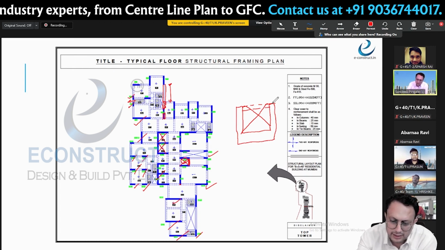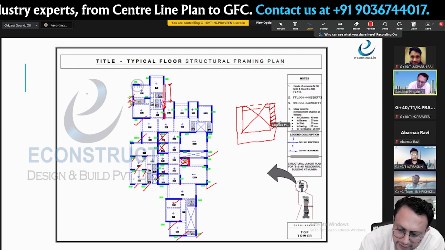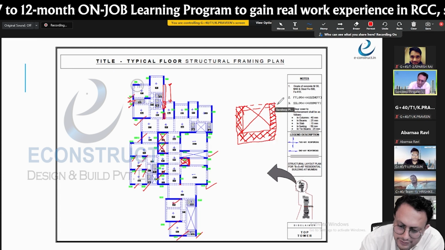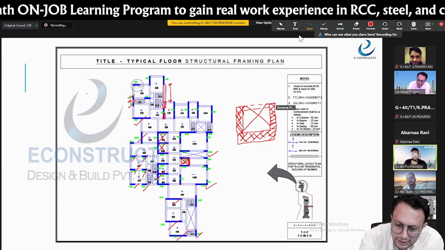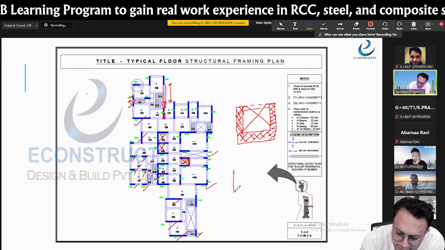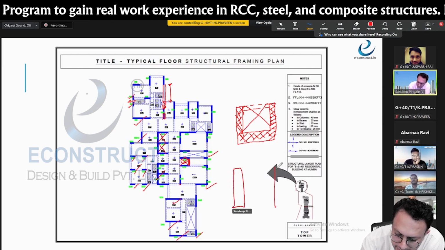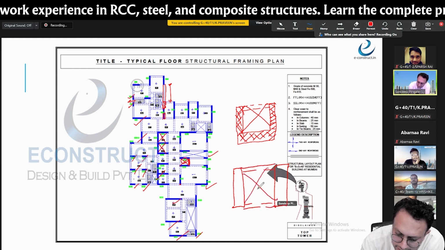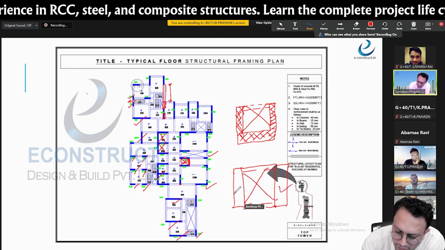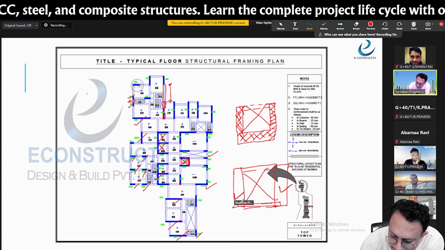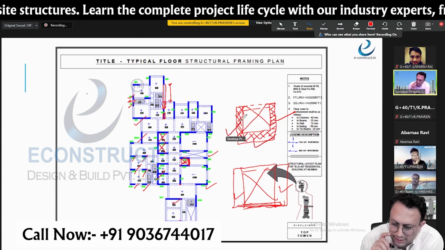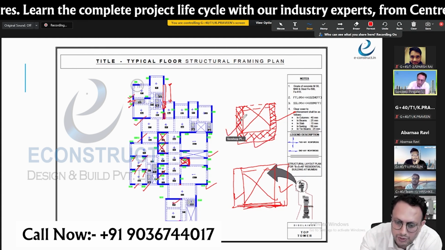I mean the lift pit or the lift, RCC wall need to be given at all the sides. What it means is that you cannot give the lift like this. It is not possible. Only shear wall here, shear wall here. We have to give the shear wall at all the three sides. One side, two side, three side.